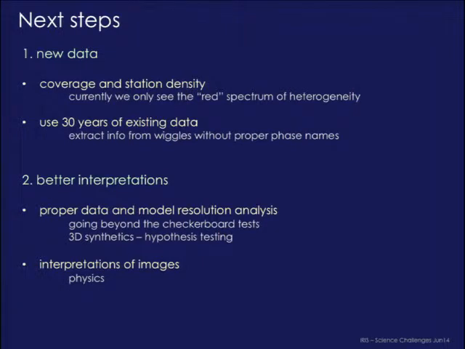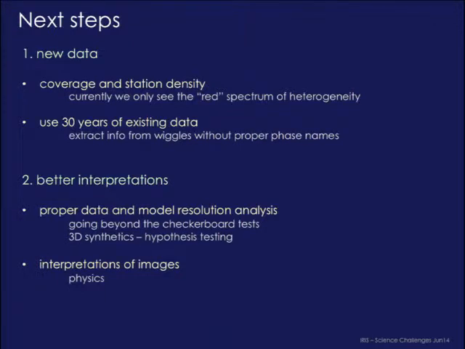So far we've only seen the red spectrum of heterogeneity. We can also use the seismological data that we have today by being much more clever about utilizing all the information that is between P, S, SKS, etc. So there are a lot more signals contained in seismograms that we have yet to explore.